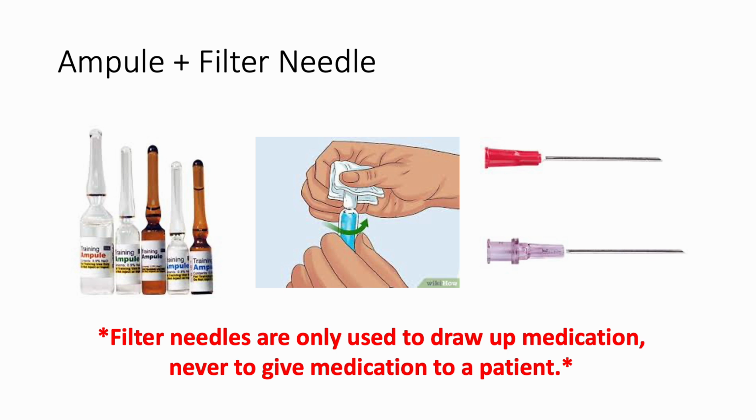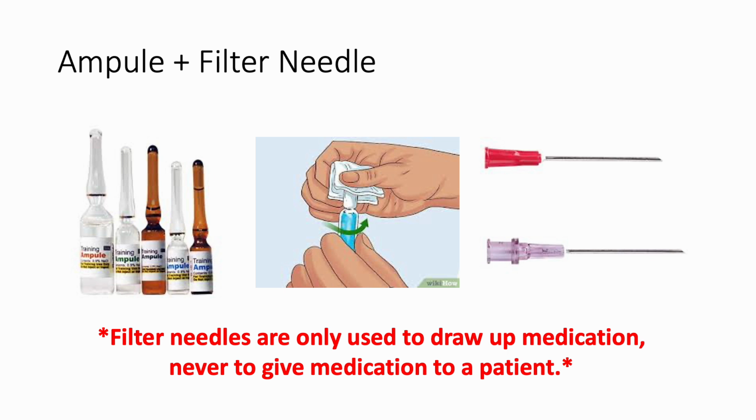So here on this slide, you can see I have that picture of ampules again. This second picture here you can see is of a nurse prepping this ampule, so about to break it off so that we can expose that medication and draw it up. And then all the way off to the right, you can see two examples of a filter needle. So what a filter needle is, first of all, it is a huge needle, okay?